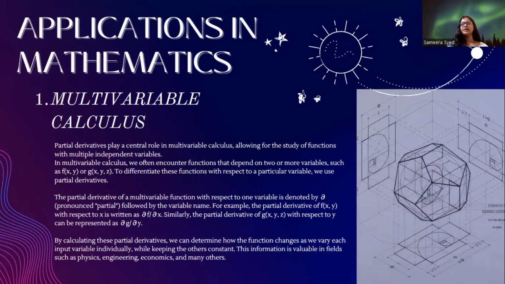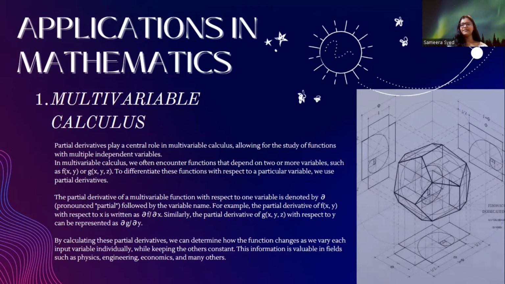The partial derivative of a multivariable function with respect to one variable is denoted by del, pronounced partial, followed by the variable name. For example, the partial derivative of f(x, y) with respect to x is written as ∂f/∂x.